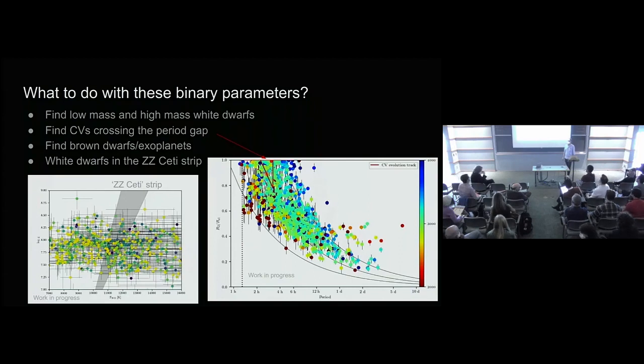And actually the instability strip will go a little cooler than you show, so you might have more interesting objects there. Yeah, it's not the highest resolution figure, but some of the error bars are this large.